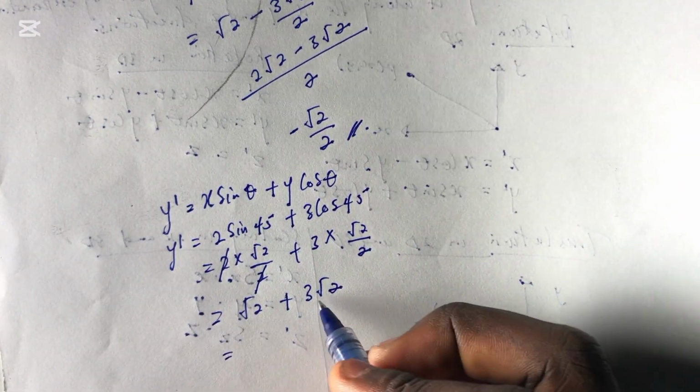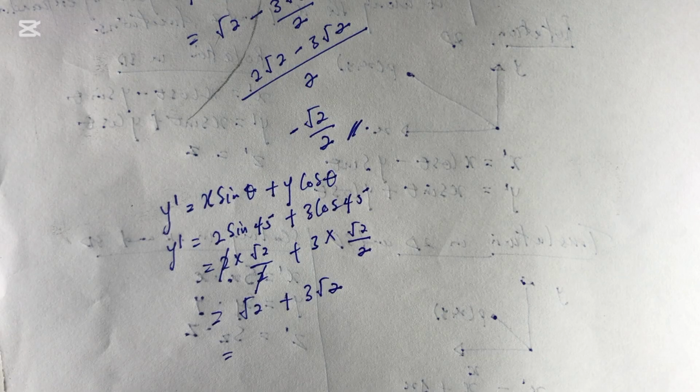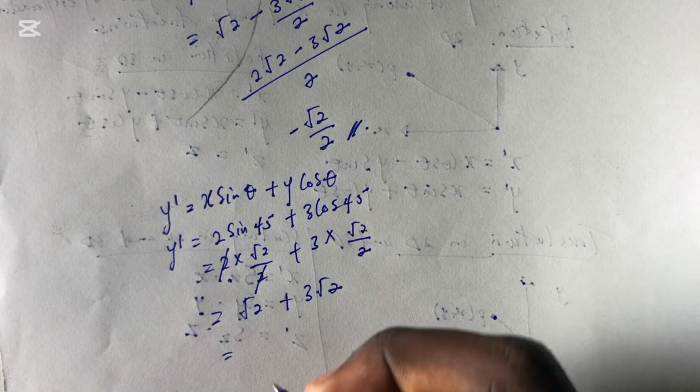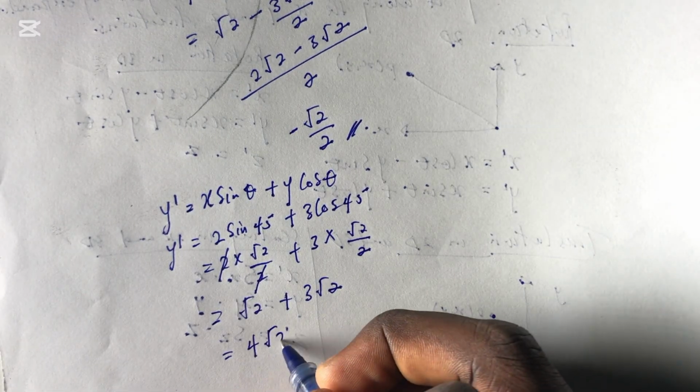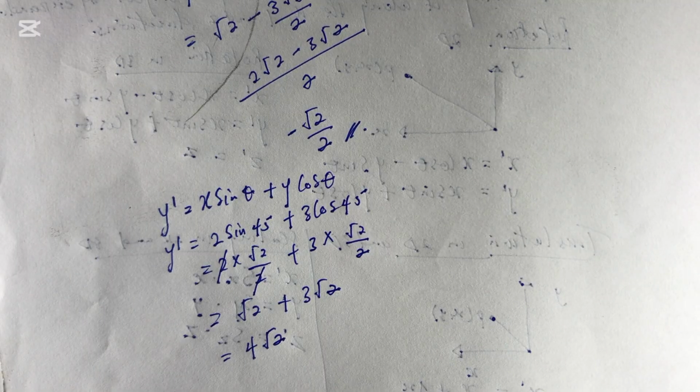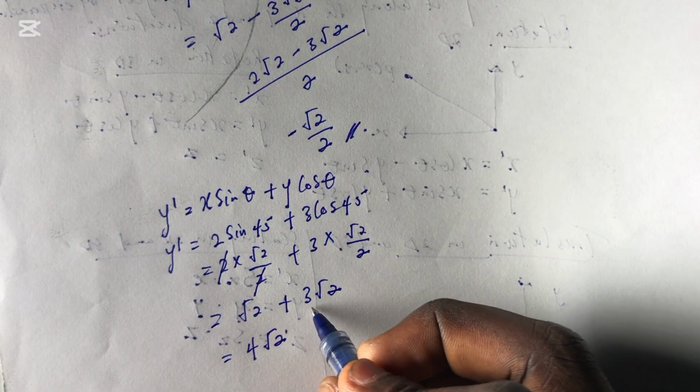So we can add this, this is going to be 5 root 2, divided by 2.